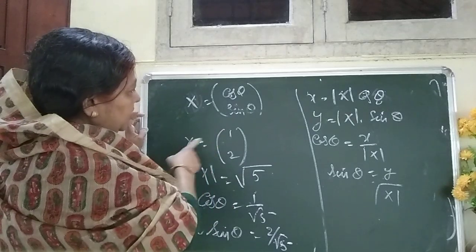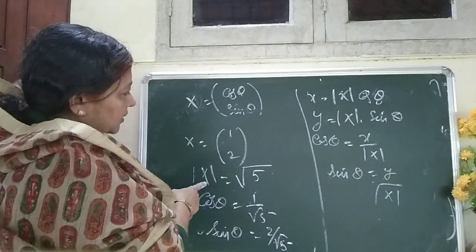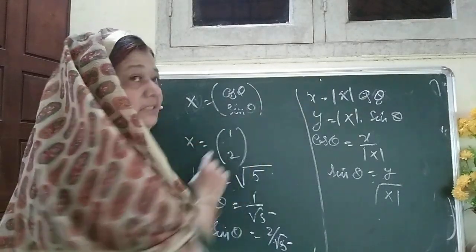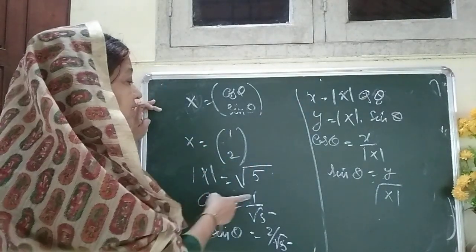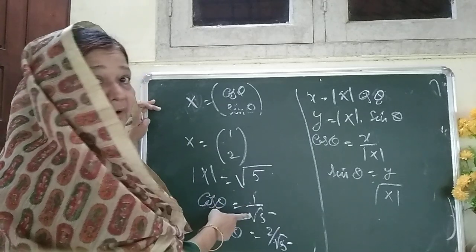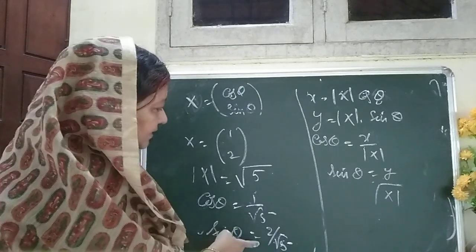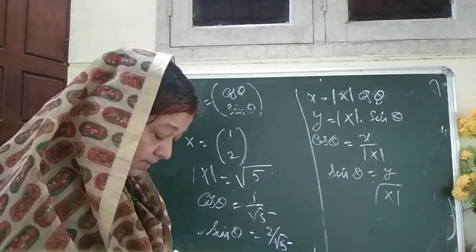So, if capital X equal to (1, 2), then mod x equal to root 5, then we know small x equal to mod x into cos theta. Therefore, cos theta equal to x by mod x, that is 1 by root 5. Similarly, sin theta equal to 2 by root 5.